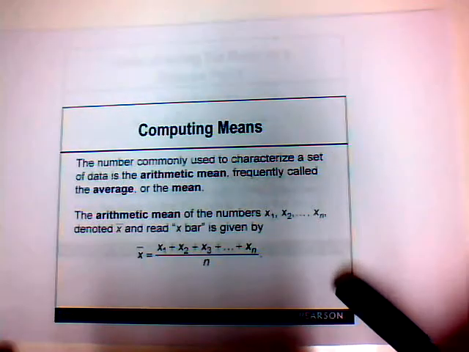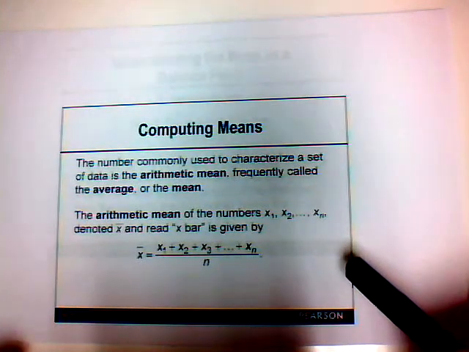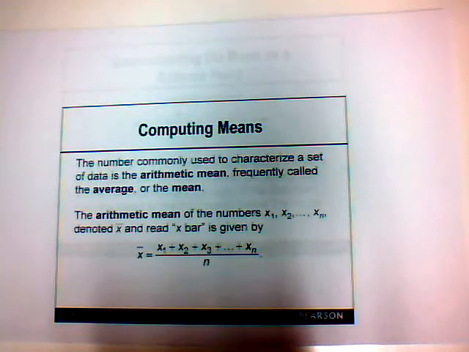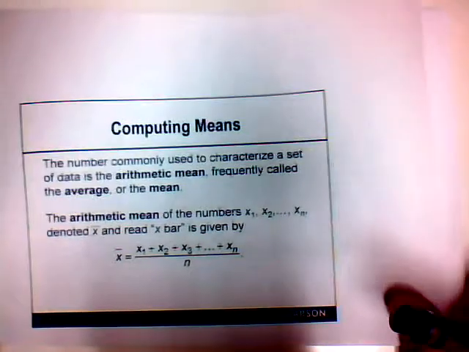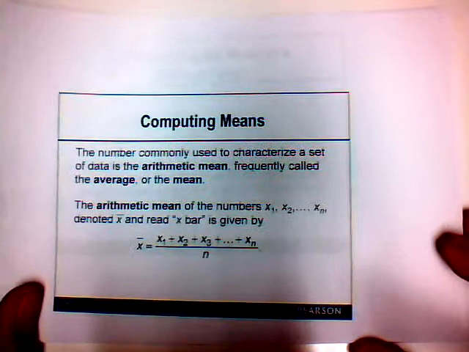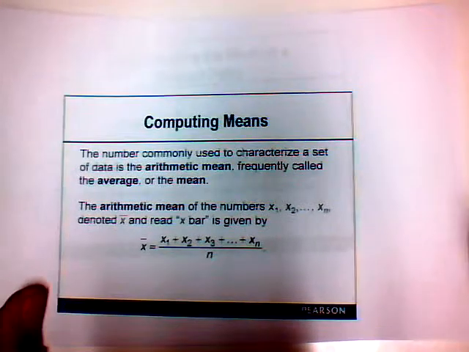X bar is equal to x1 plus x2 plus x3 all the way up to x sub n divided by n. In other words, you take the sum of the individual data values and divide that by the actual number of data values in that set of data. Just think of it as taking the average of a certain number of grades.